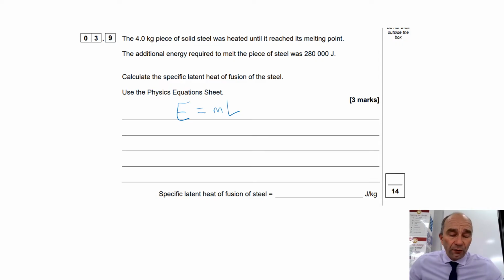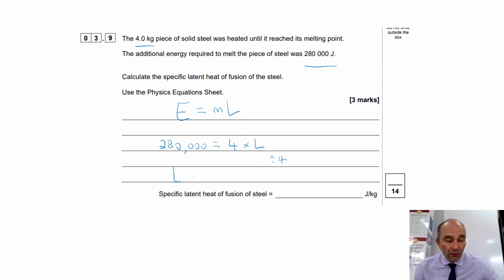Now this question is worth 3 marks because this time we're not just substituting numbers in and multiplying through. We have to do some kind of rearrangement. So the energy we use was 280,000. We've got a mass of 4 kilograms. Substitute your numbers in. You've got 280,000 equals the mass of 4 multiplied by L. We need to get L by itself, so we divide both sides by 4.